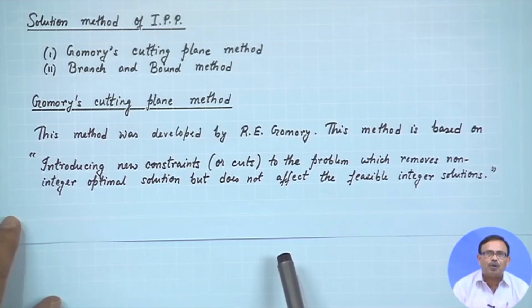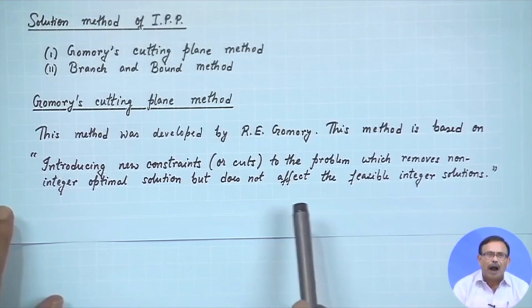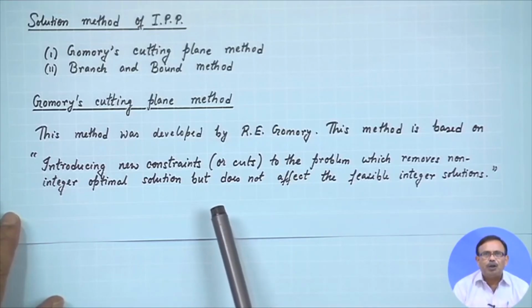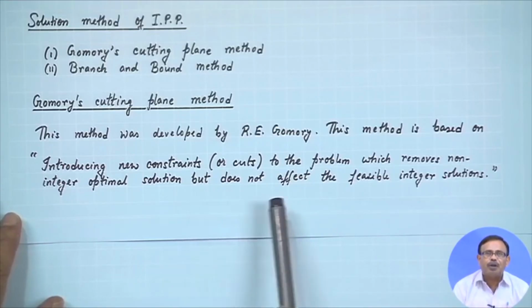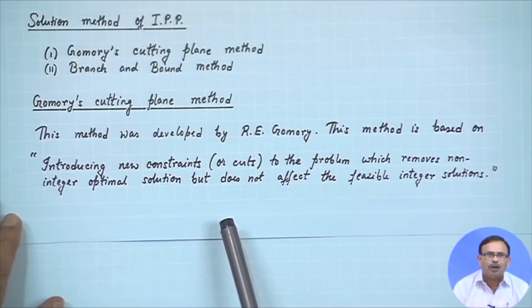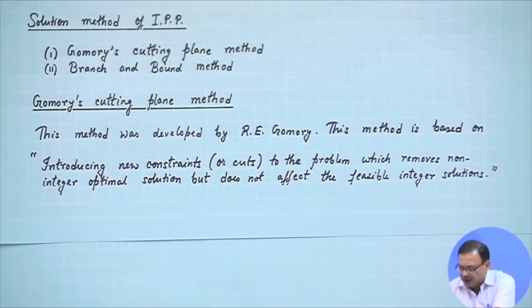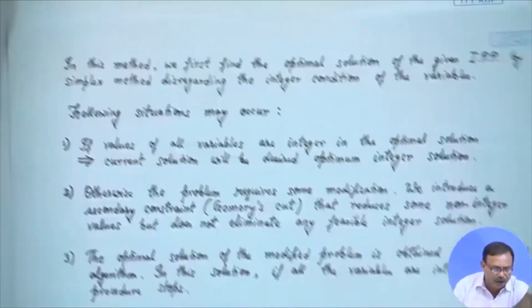So, please note this one, whenever we have a non-integer optimal solution, it cuts that particular solution, and by which we are doing it, we are introducing a new constraint to the problem. The solutions which are already integer solutions will not be affected by this method. So, let us see this one.